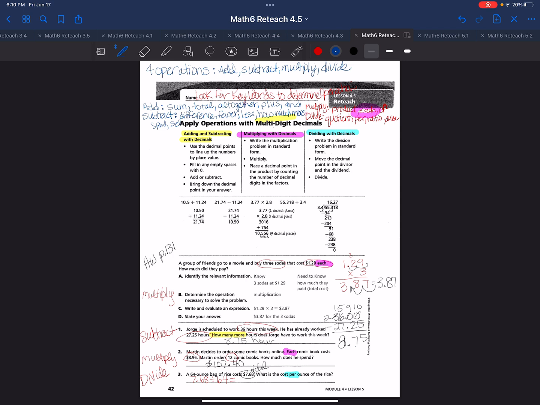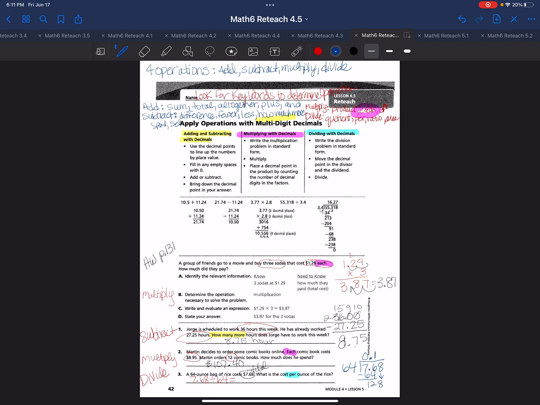Okay, so I have $7.68 is my dividend, and I have 64 as my divisor. Can 64 go into 7? No. Can 64 go into 76? Yes, one time. 1 times 64, or 64, subtract, and bring down.